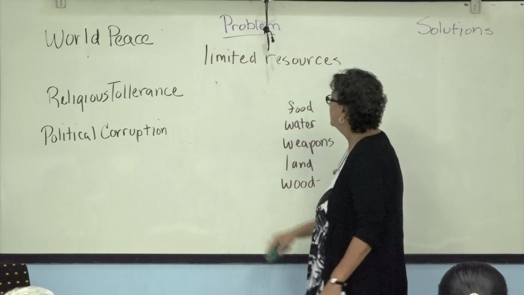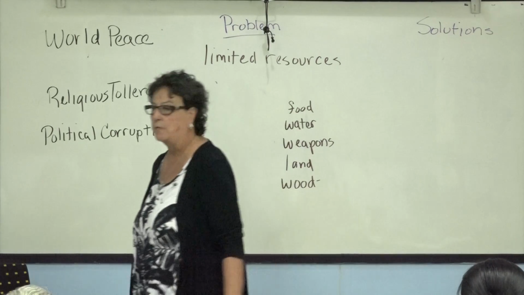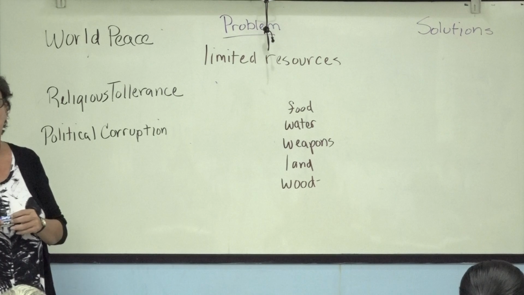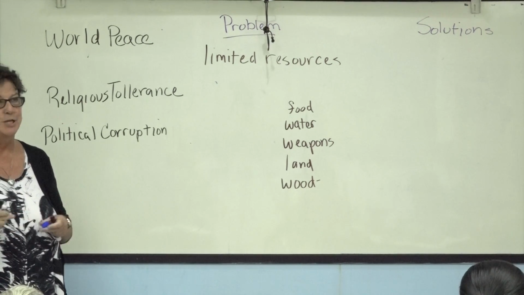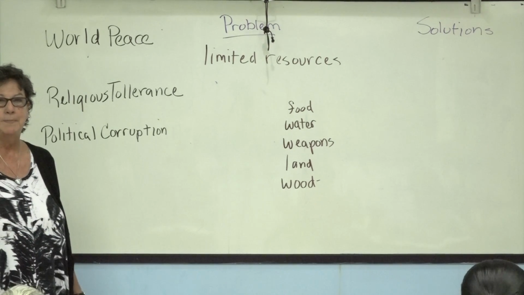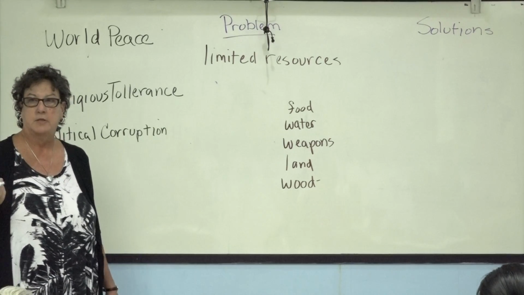Okay, now, next one. Limited resources, food. What do we do about food not being readily available? People will fight over food because no food, no life. Pretty basic, right? So what do we do about that? We talked about world hunger the other day.